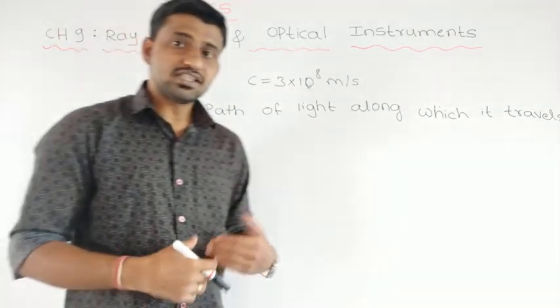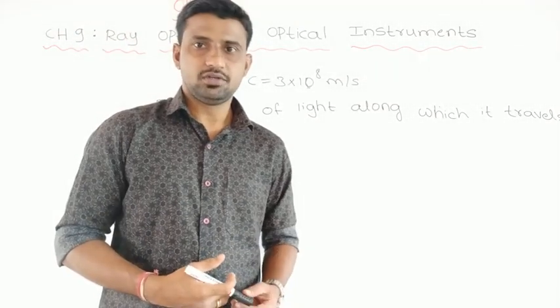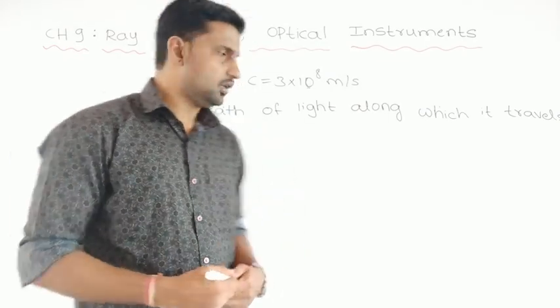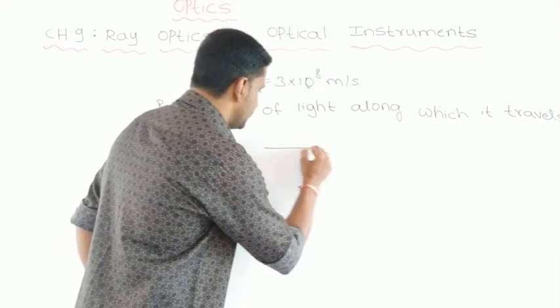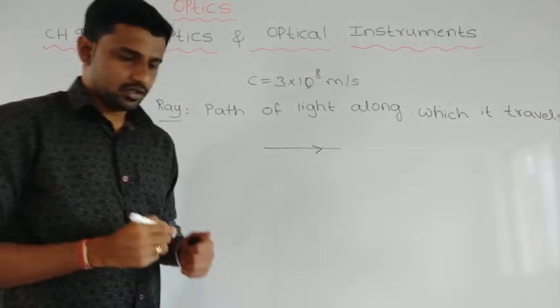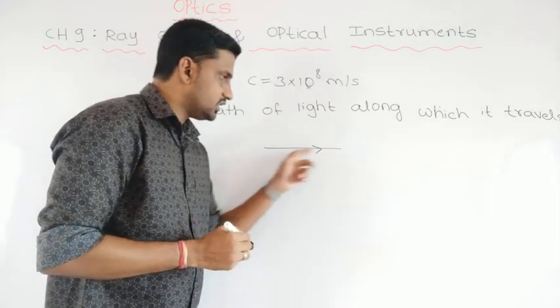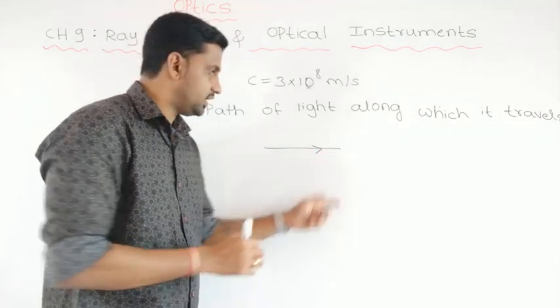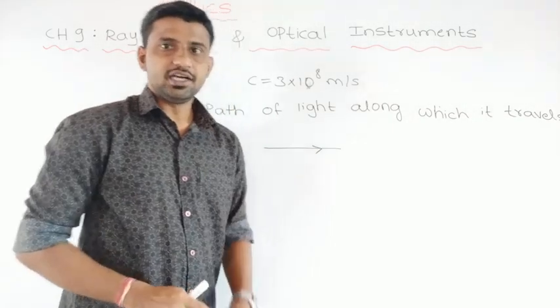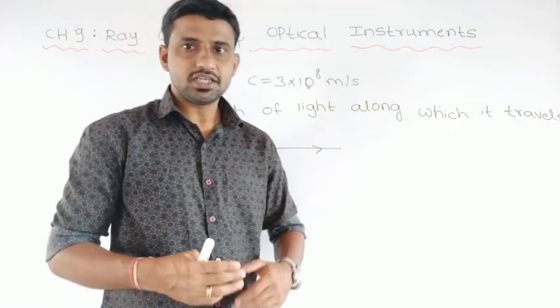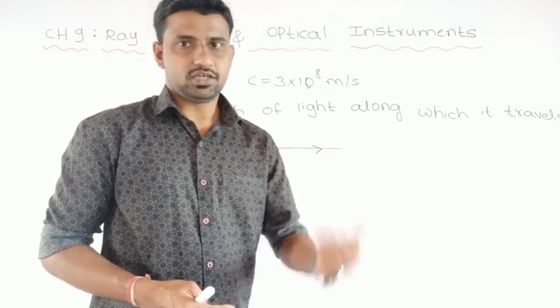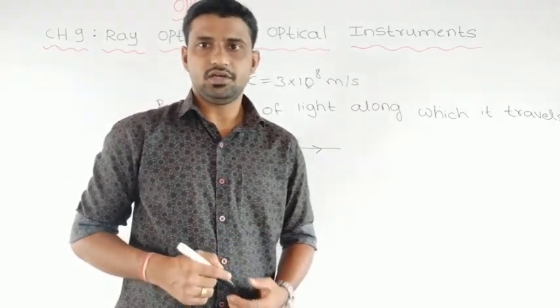And how to represent it? To represent the path of light, we use one straight line with an arrow. So this is the path of the light. This line represents the path of the light, and the arrow represents the direction of the light. That means in which direction the light is traveling. That is the meaning of ray.